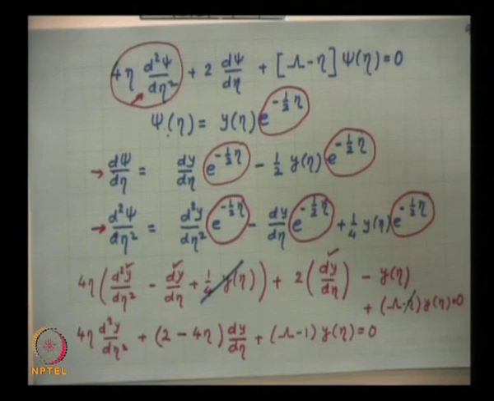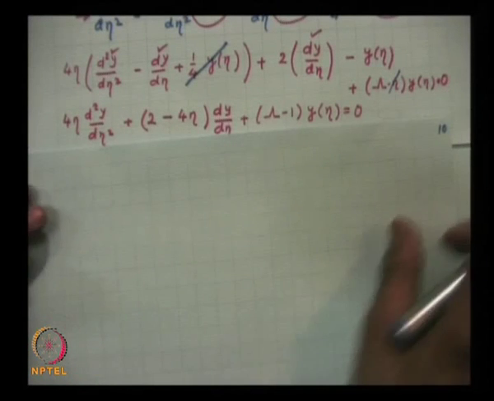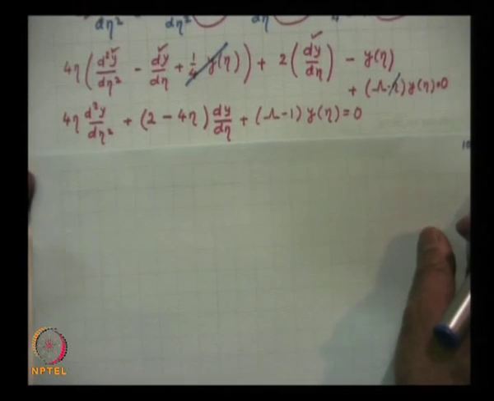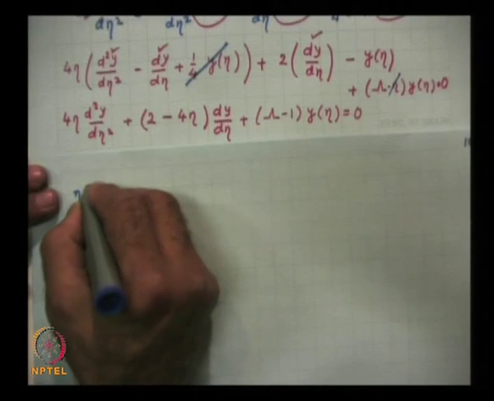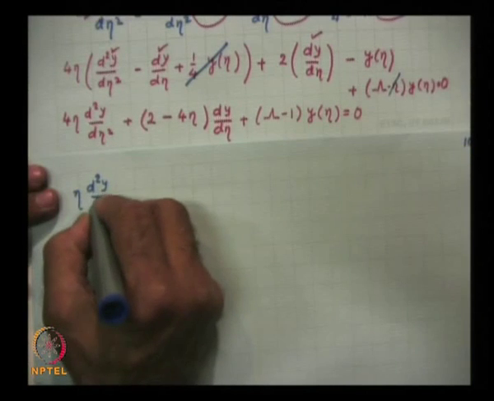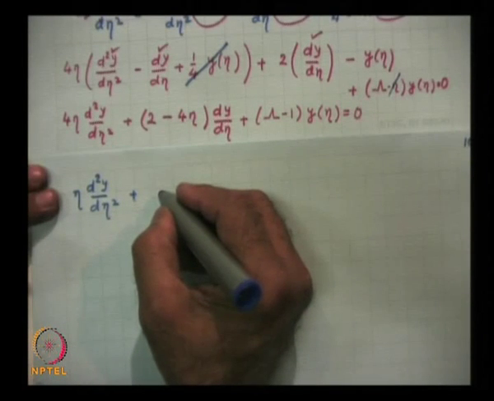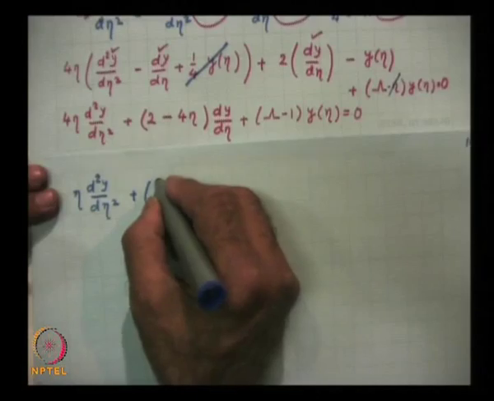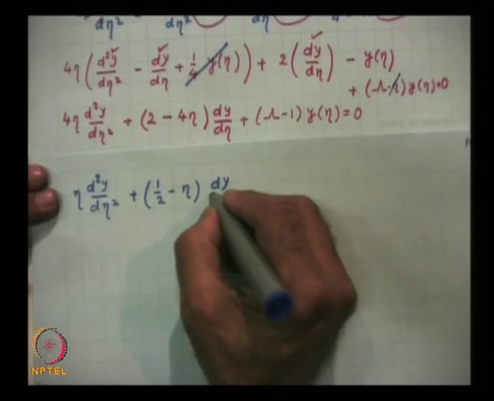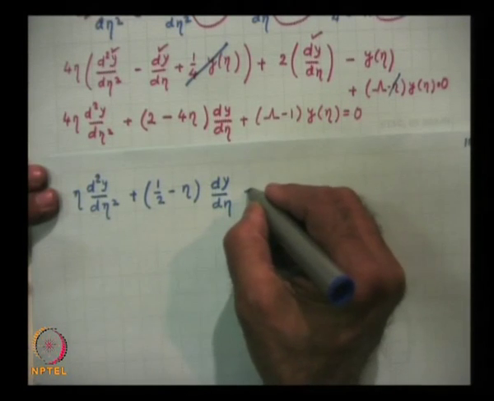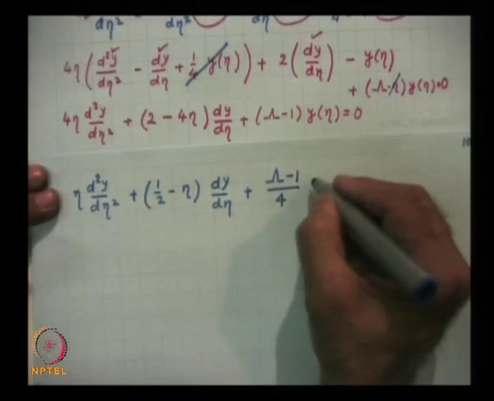What I do next is I divide by 4, to obtain, if I divide by 4, then I will obtain eta d2y by d eta square plus 2 by 4 is half minus eta dy by d eta plus lambda minus 1 by 4 y of eta.